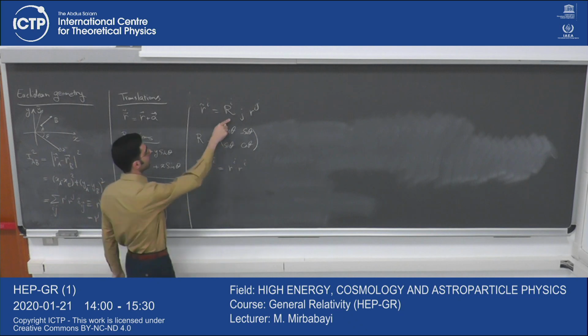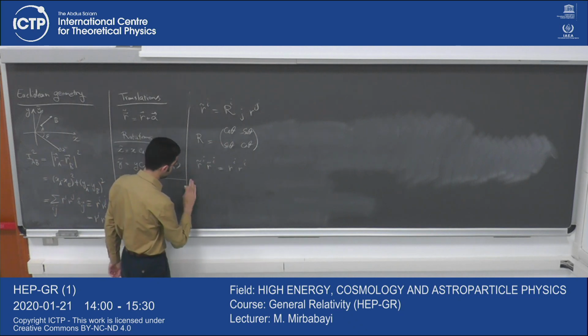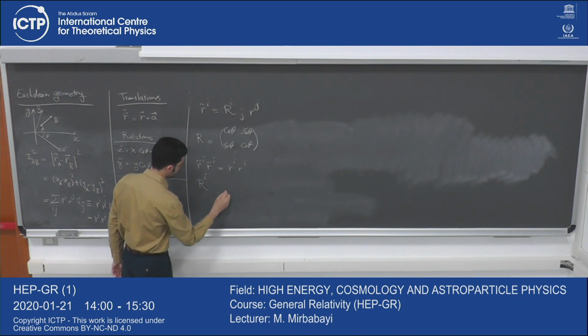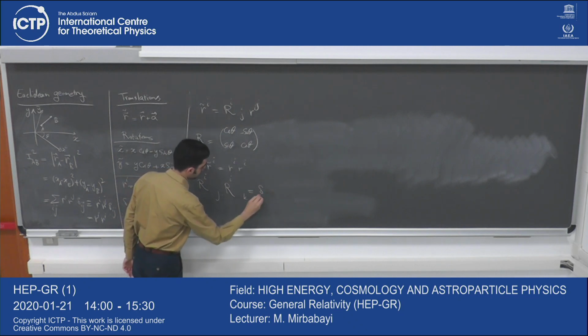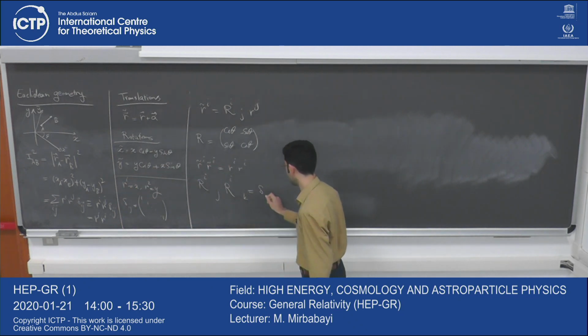So what does it imply for these matrices? What it implies is that R_ij times R_ik has to be equal to delta_jk.